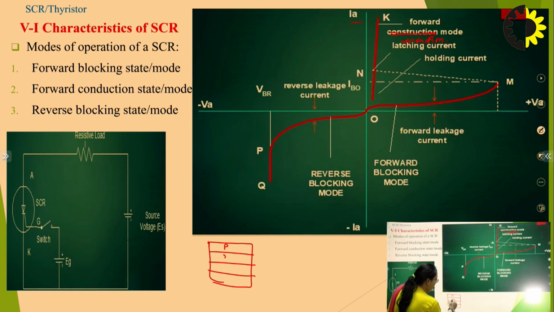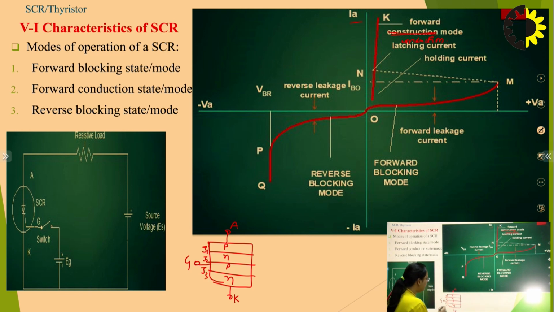This is PNPN. These are the 4 layers of the SCR. This is the anode terminal, this is the cathode terminal, and with the inner P layer I have connected the gate terminal. Basically there are 3 junctions, J1, J2, and J3.